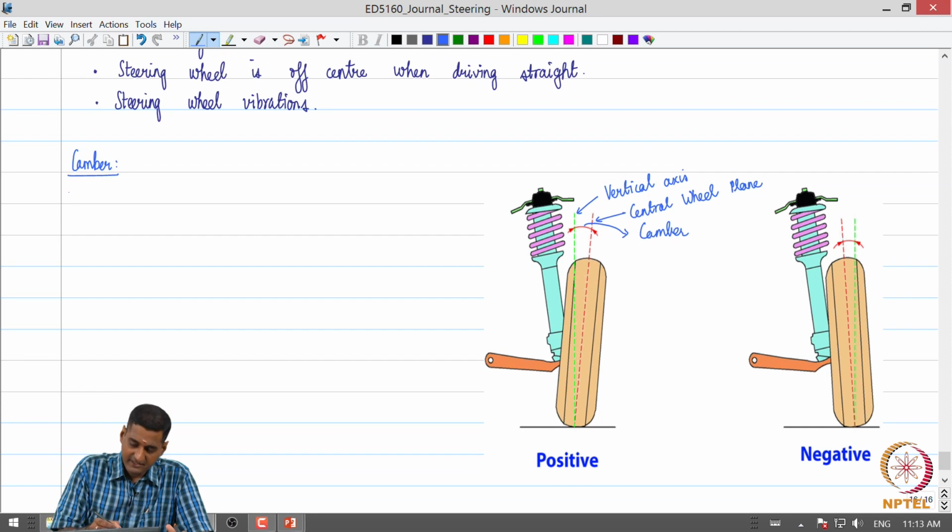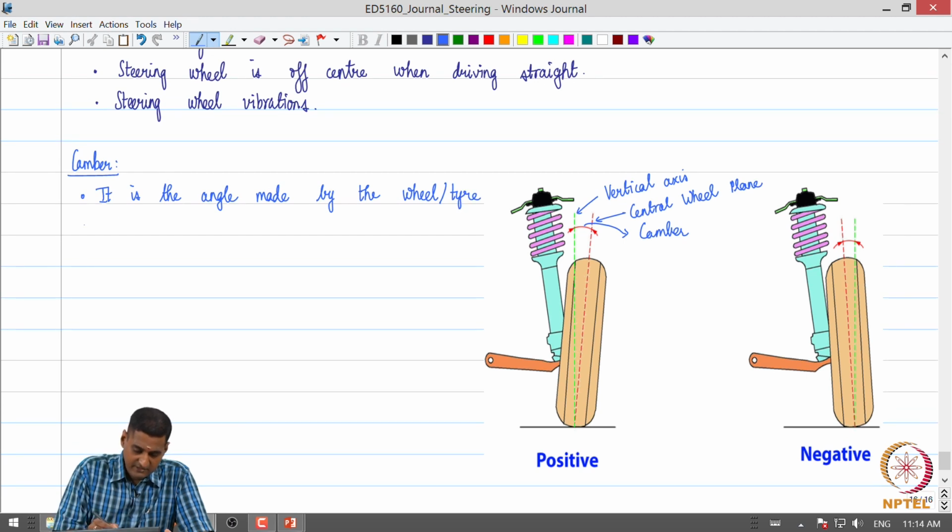Okay. So, let me write down the definition. It is the angle made by the wheel or tire with the vertical direction when viewed from the front of the vehicle.